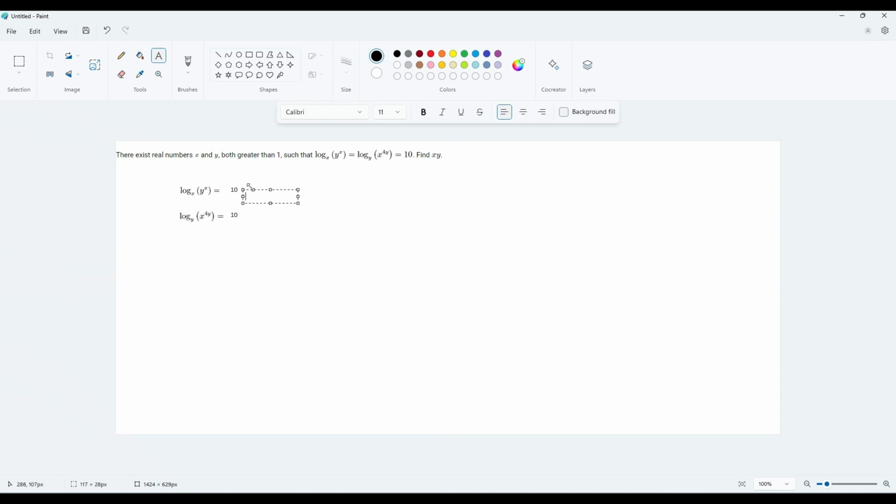So let's just write that equation out. So we have x times log x of y, and we'll separate that in brackets here so it's a little bit easier to understand.